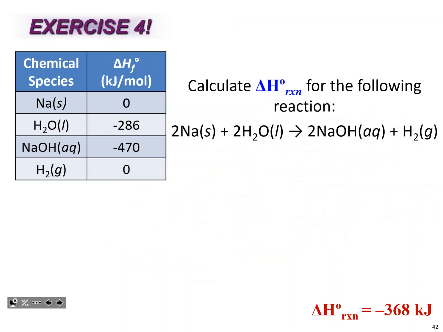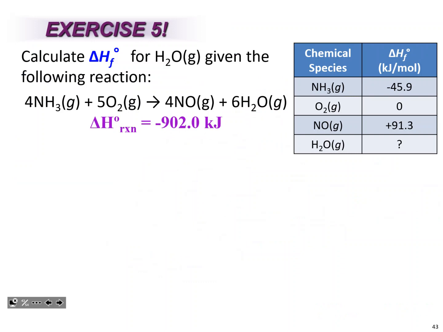All right, easy enough. Now, this is the only other type of problem with the heats of formation. This is where they give you delta H, but you have to find one of the individual components. Okay? So they gave us the heat of reaction, they gave us one of the products, they gave us both reactants.